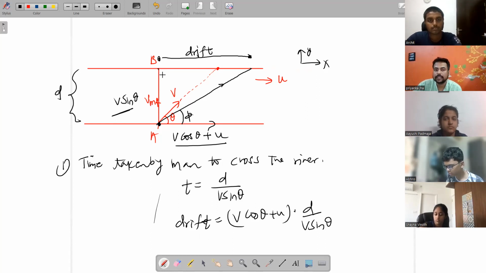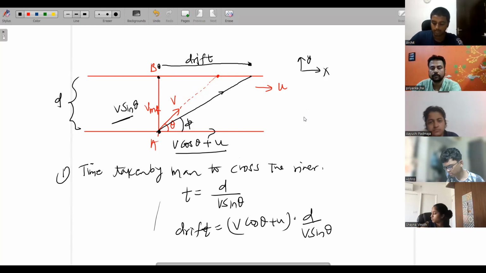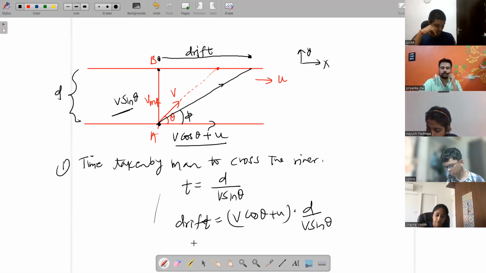This is B. So the distance from this point to the point where it will reach on the other bank, this complete distance is called drift. Got it?